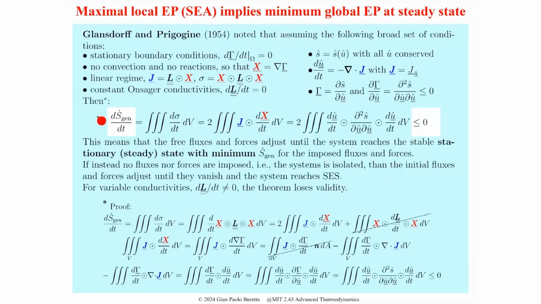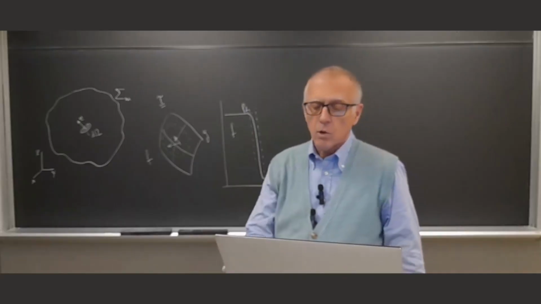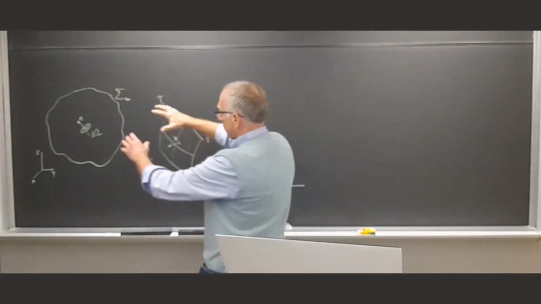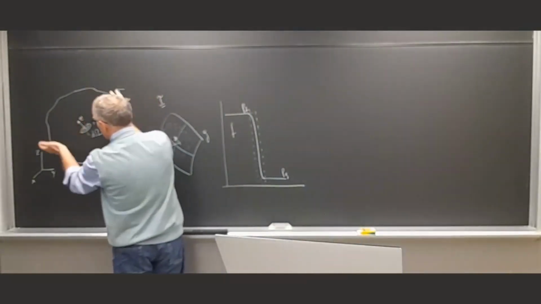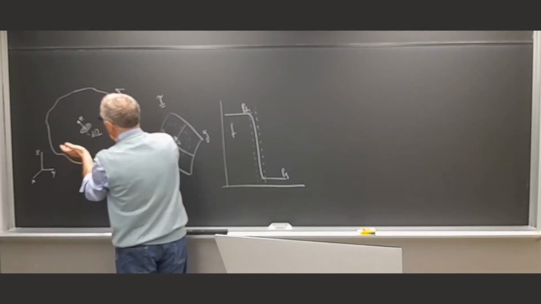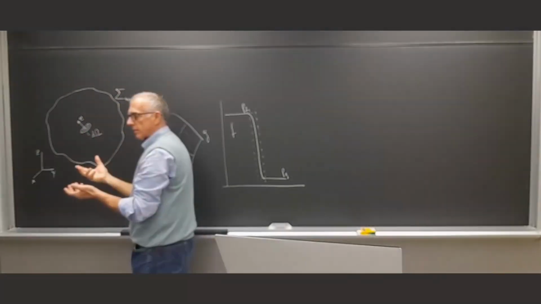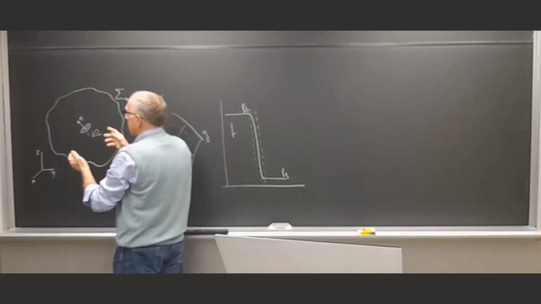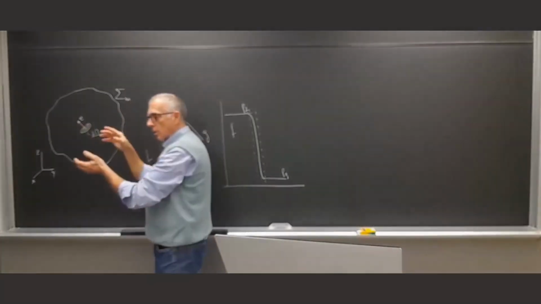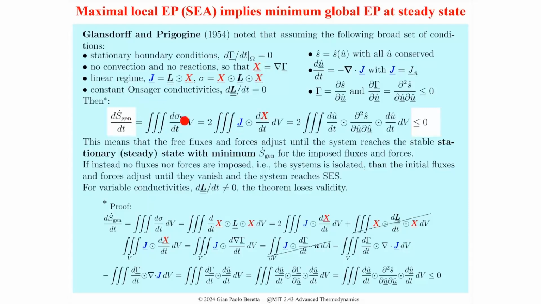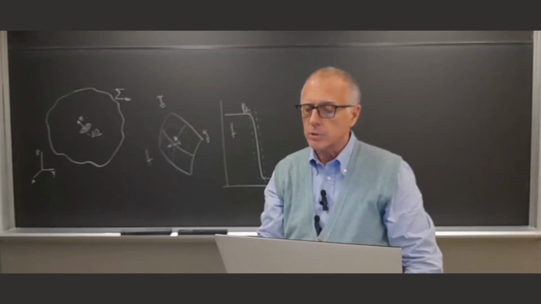So that means that if you start, like in the previous slide, from a situation in which in your control volume there is a lot of entropy production, and you let it go, if it is not already in a steady state, it will evolve towards a lesser and lesser entropy production situation until it gets to zero.